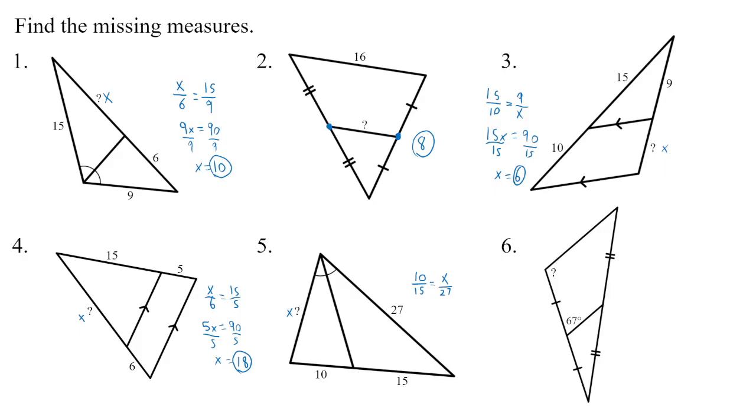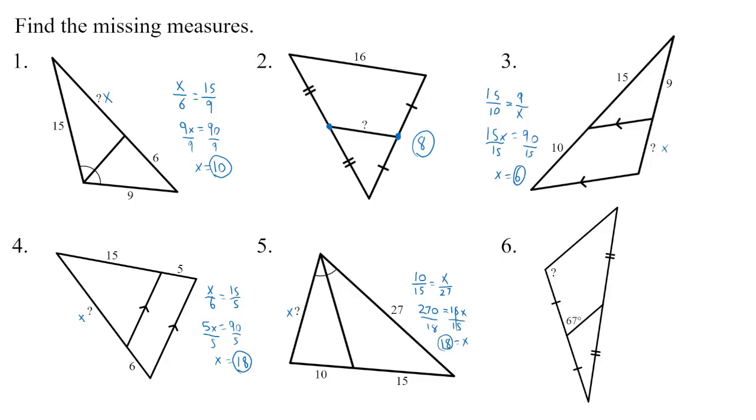We're going to cross multiply to have 270 equals 15x. Divide both sides by 15, and you will have 18 equals x. So the solution is 18.